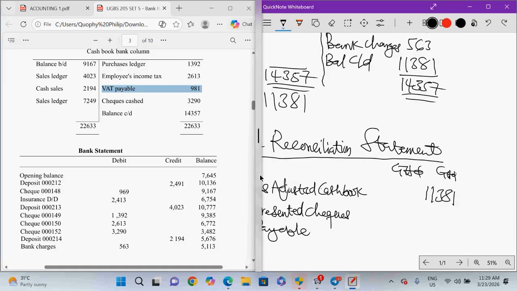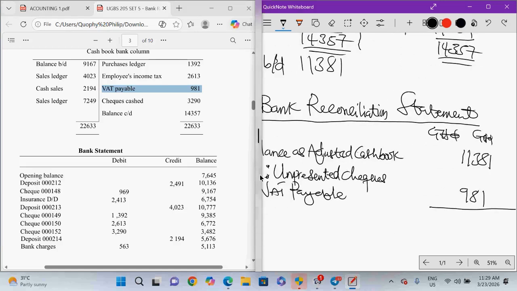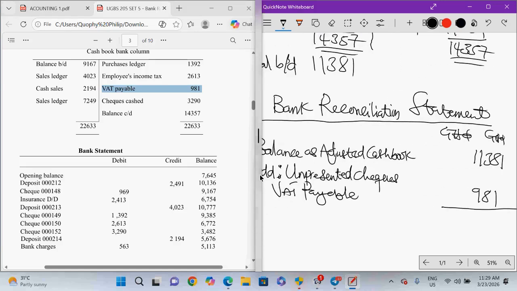So the VAT payable is what? Is it 981? 981. Okay. What other? I think that is the only unpresented check. So that is the only one. So what is the total?